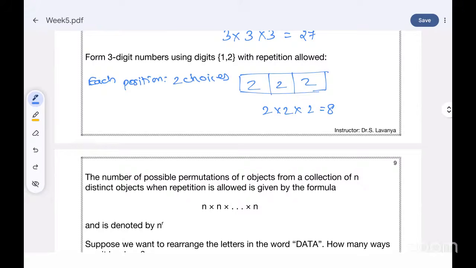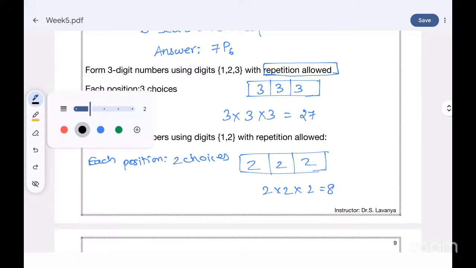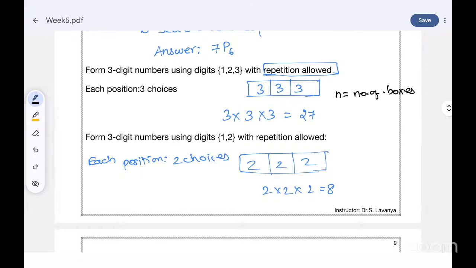So what is the observation here? The number of possible permutations of r objects from a collection of n distinct objects, when repetition is allowed, is given by n to the power r. So here, for example, what is your n in this case? Your n is the number of boxes, and r is the number of choices.